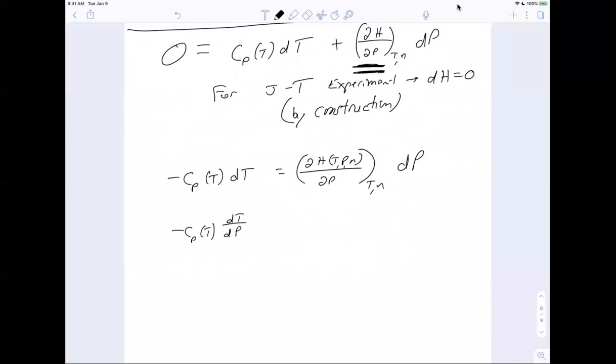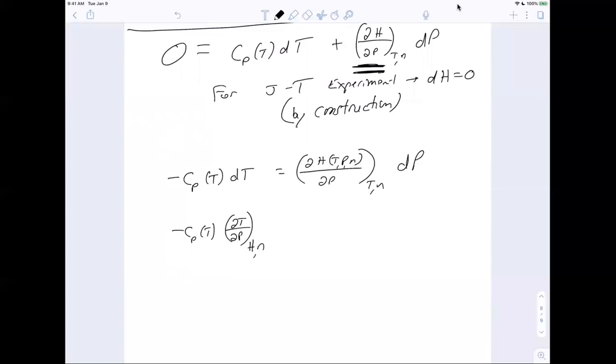But now I'm going to qualify this derivative dT/dP, because now we know what kind of process this is. So this is really the partial of T with respect to P at constant H. And of course, N is going to be constant in our system.